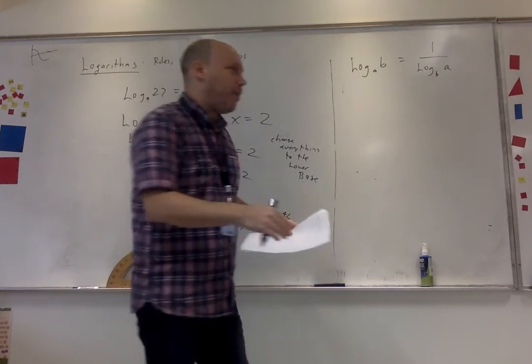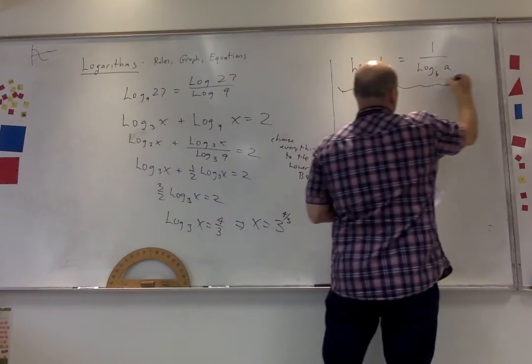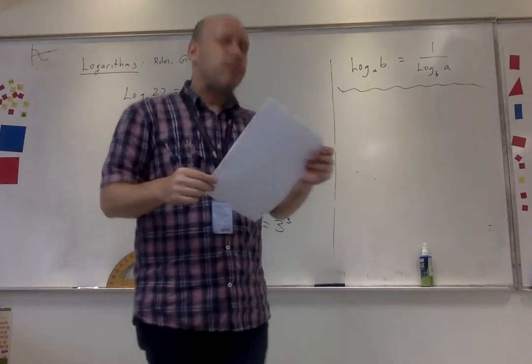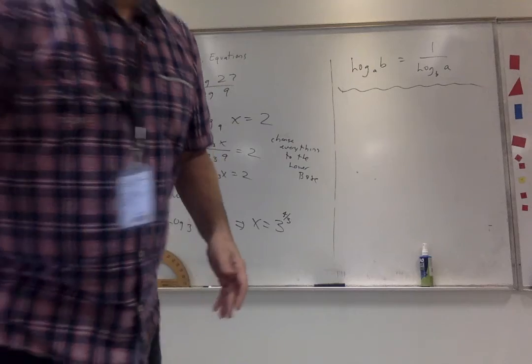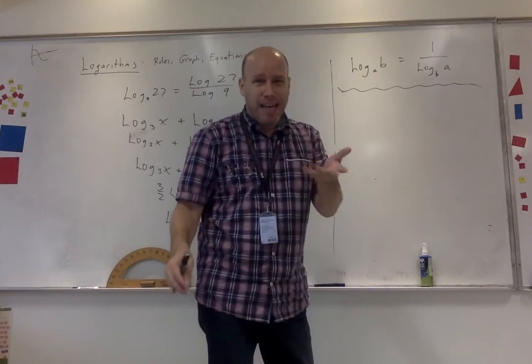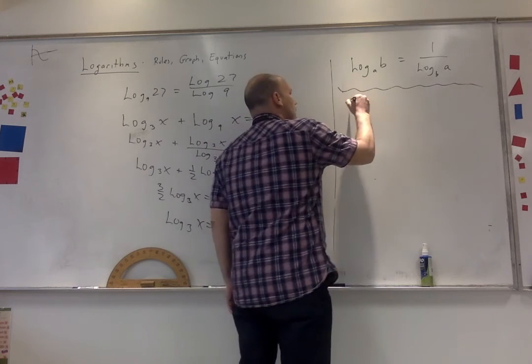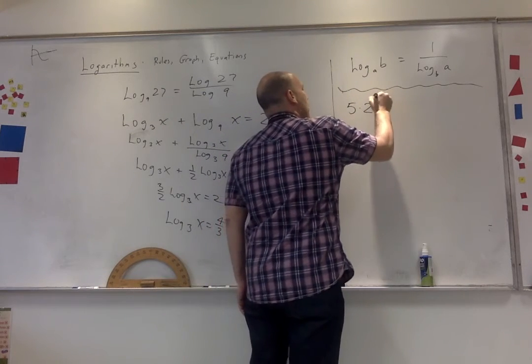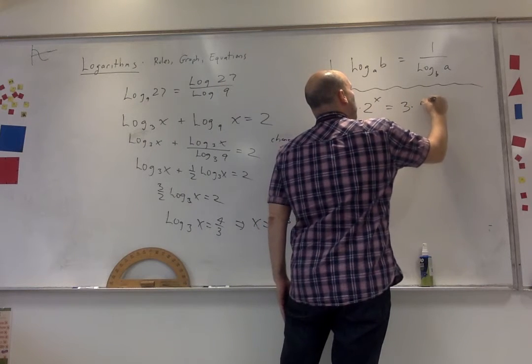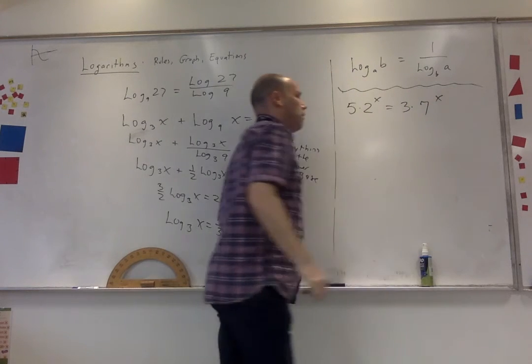The last thing we have to do, sorry, I told you this was not tedious. We have to be able to solve problems. You're going to see them because I'm going to give them to you. You might see problems like 5 times 2 to the x equals 3 times 7 to the x.